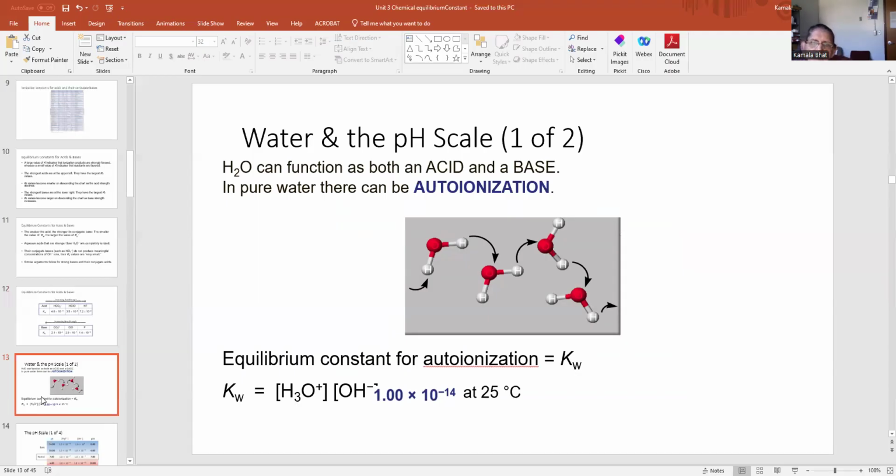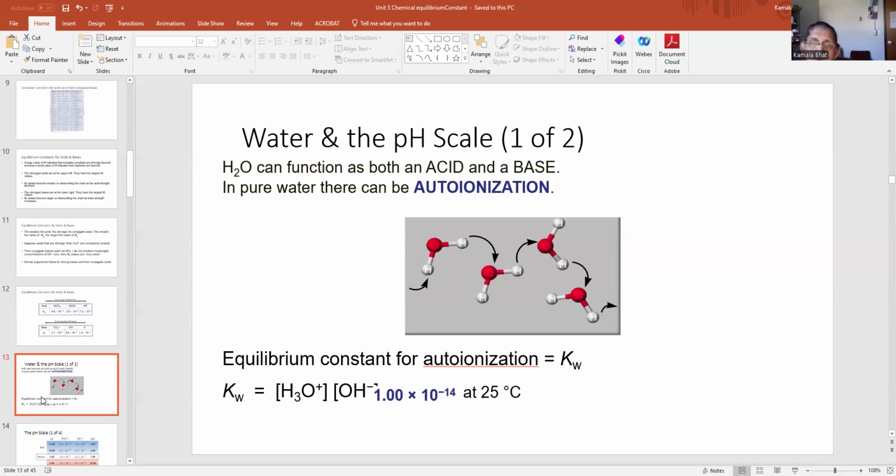Now here, for the auto-ionization, if you look at the geometry of the water molecule H2O, you see that it's bent, angular. If you remember your geometry from General Chemistry 101, you know that water has a tetrahedral electron geometry. VSEPR theory suggests that the water molecule has a tetrahedral geometry, indicating that it has 4 pairs of electrons, of which 2 pairs are used to bond with hydrogen atoms.